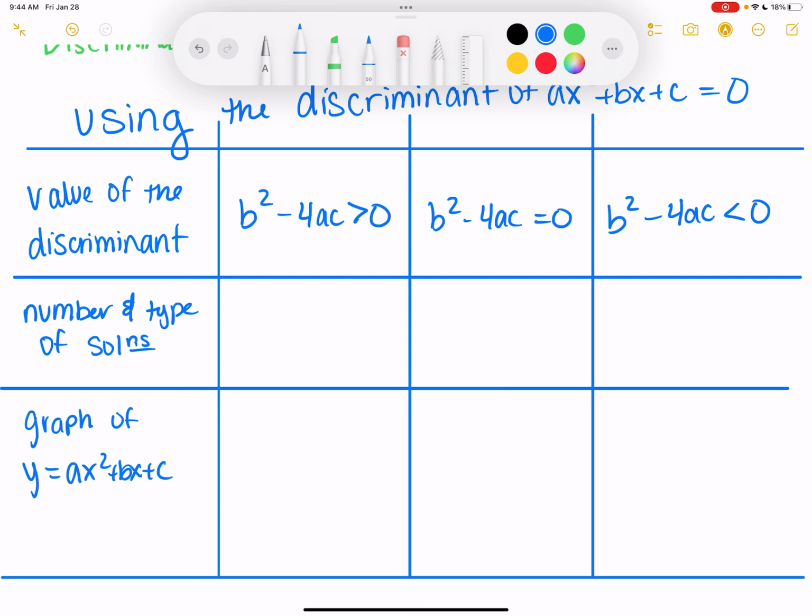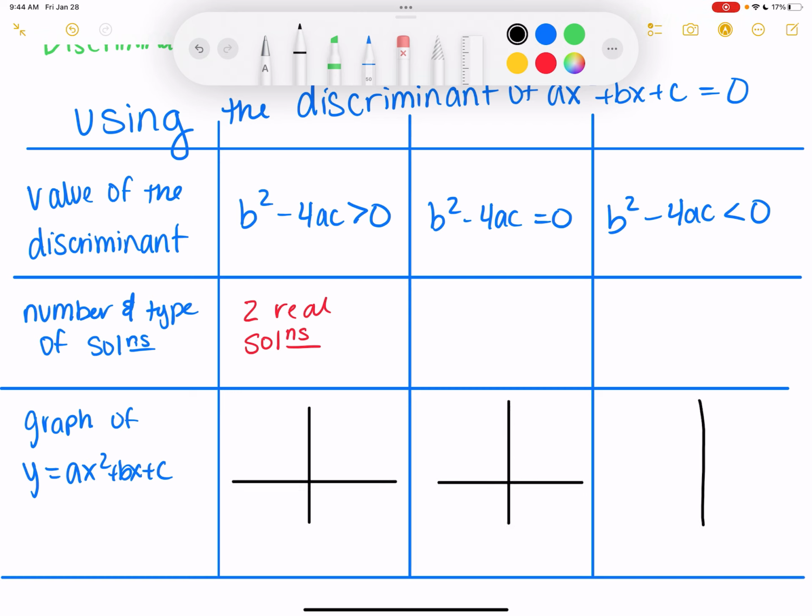Alright, so if I have this first scenario where it's greater than 0, then it has 2 real solutions. I'm going to go ahead and draw little graph boxes here, just so that we're ready to go.